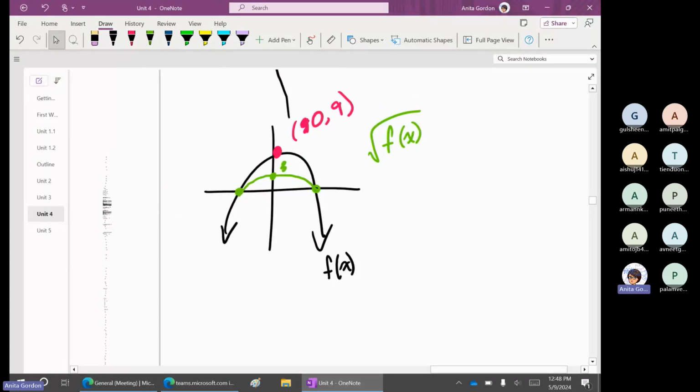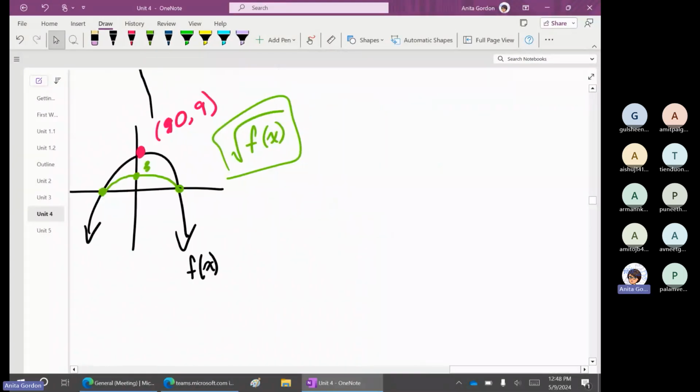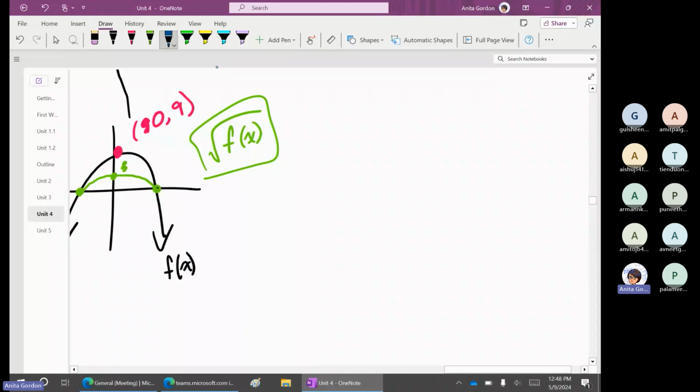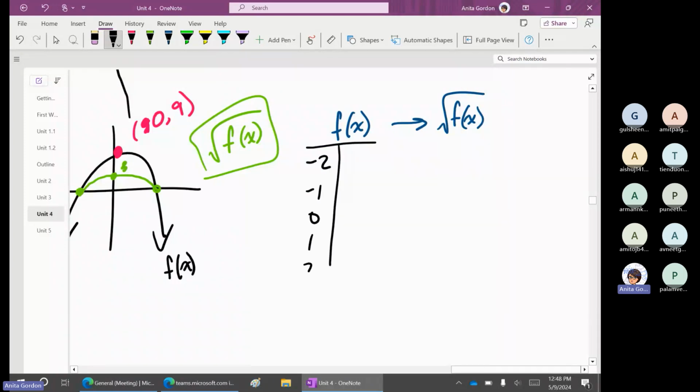All we're doing when we take a square root of something is taking all the values in f of x and square rooting them. Let's say you have a function with x values -2, -1, 0, 1, 2.